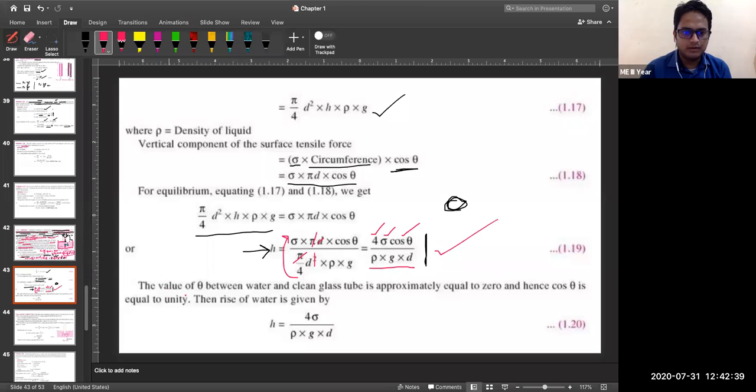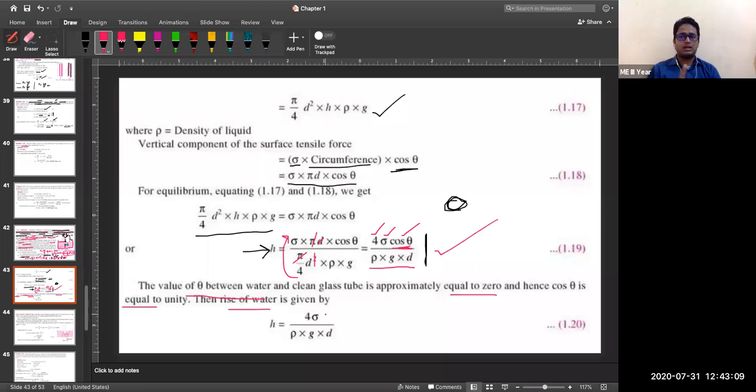Now see here, the value of theta between water and clean glass is approximately 0. Remember this: if the liquid is water, the value of theta will be 0, and cos 0 degree equals 1. So the formula will be modified as rise of water given by 4 sigma upon rho g d, where cos theta becomes 1.